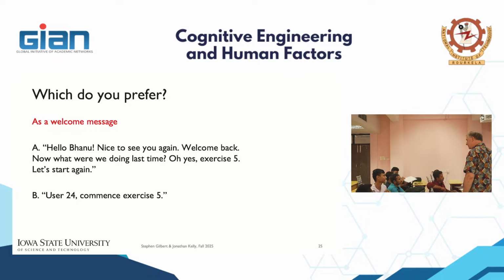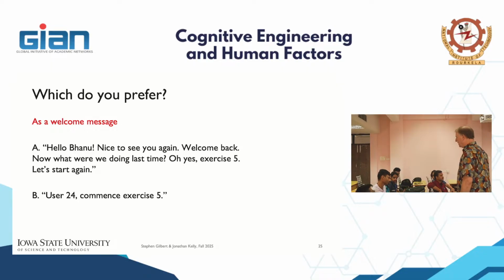But if someone is saying you are user 24, do this exercise, it would not feel good, and we would not do the task particularly. Okay, so A is more personal, you're saying, and you like that. You feel a good factor, yeah. And especially if you have to do an exercise, I would rather feel comfortable, with somebody talking to me nicely rather than commanding. It just makes me nervous.